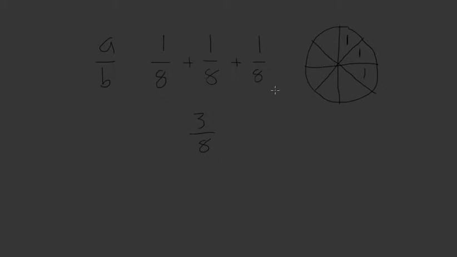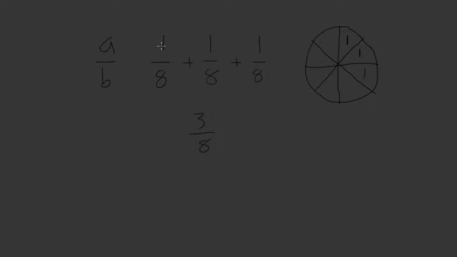So let's just say that one more time because it's worth repeating. The denominator represents the total number of equal parts of the item. So in this case it's pizza, so 8 represents the total number of equal pieces that the pizza has, okay?